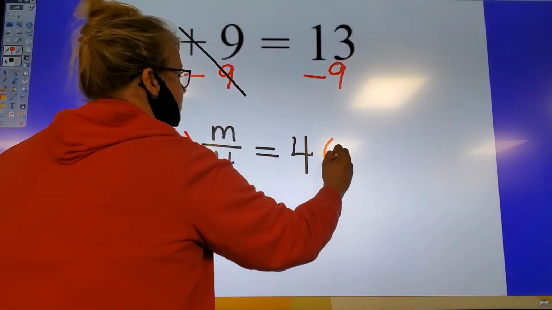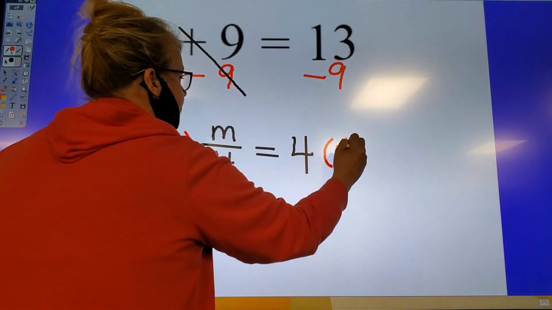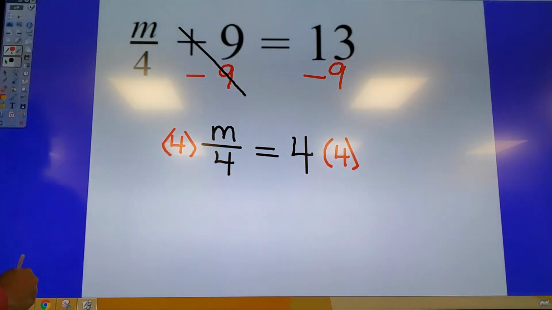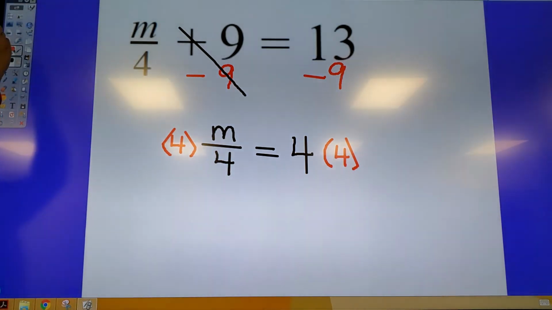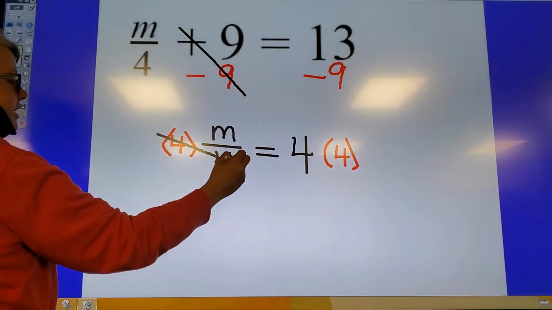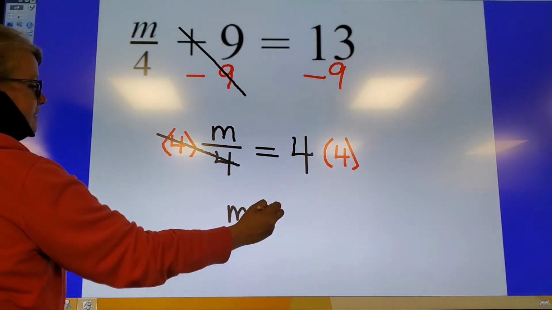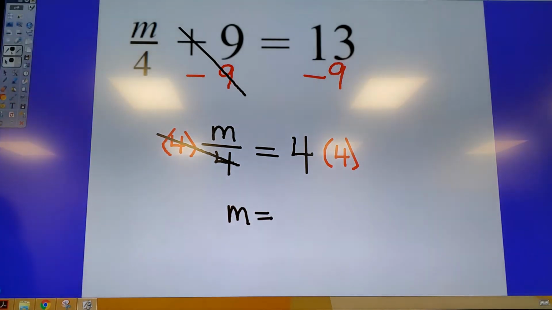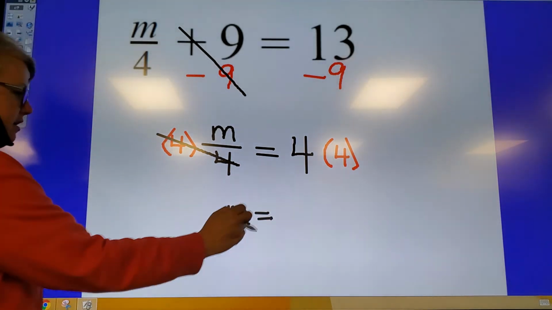And we have to do it on the other side as well. So dividing by 4, multiplying by 4 cancel out. There's your isolated variable. And 4 times 4 is 16.